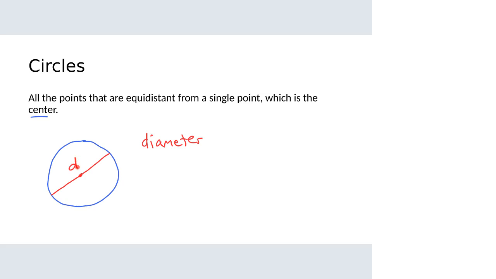Makes sense. And then there's another piece of a circle that's really important for us. Yeah, you're right, Nicole. It was diameter. You had it the whole time. And that's if we go from the center to the circle. Anybody know what that's called?